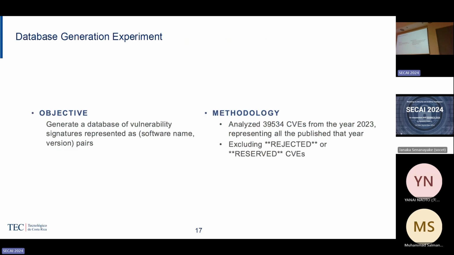Well, we analyzed basically all the CVEs from the year 2023, more than 39,000, excluding the reserved ones and the rejected ones that really don't provide any important information to us. Something important in this experiment is that for us, a true positive is that at least per CVE, we have one signature.